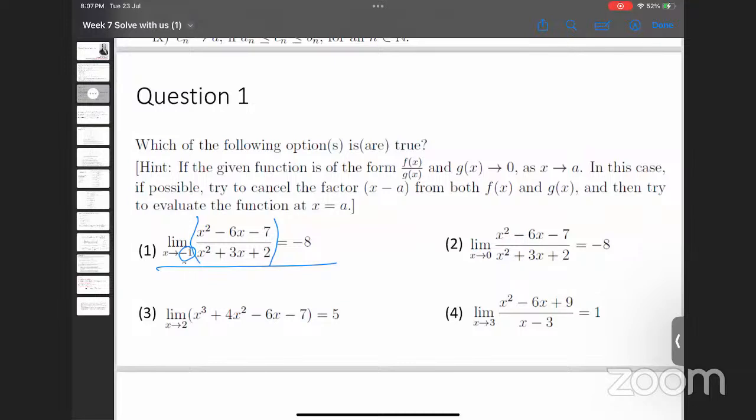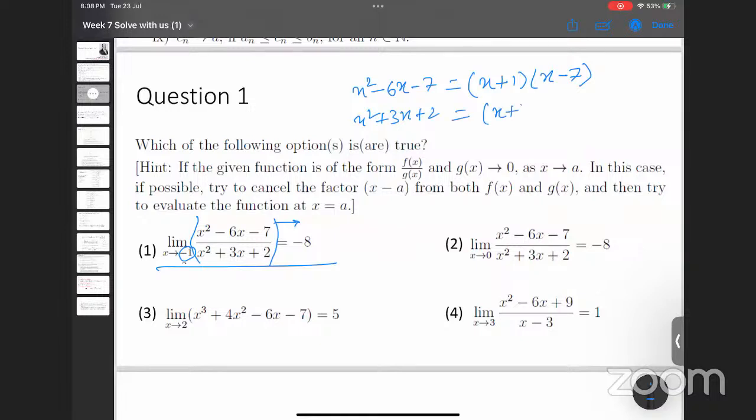For option 1, it's clear. You can see this function x square minus 6x minus 7 can be factorized as (x plus 1)(x minus 7), and x square plus 3x plus 2 equals (x plus 1)(x plus 2).